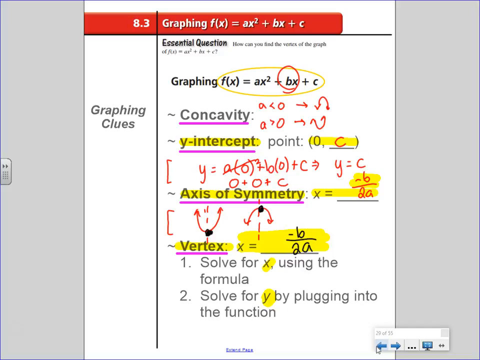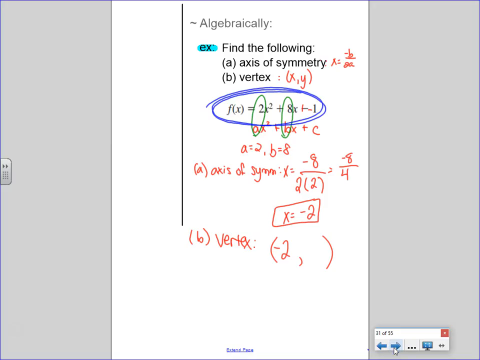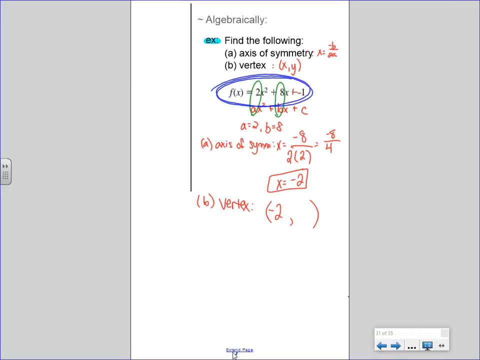Solve for y by plugging the x in. Does that make sense? Like a table, you have an x, go find the y. So plug in negative 2 to the function. Technically, it would be this function notation thing. I'm not sure if you guys know.